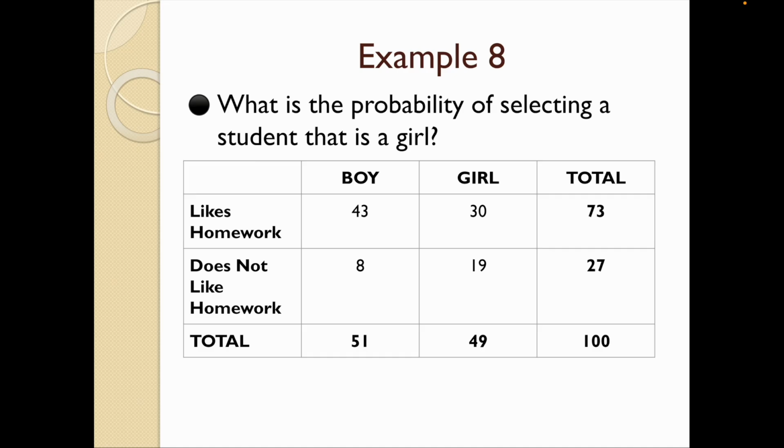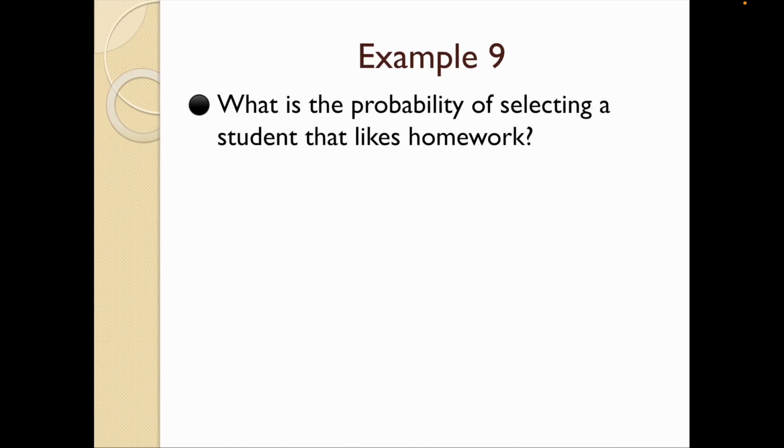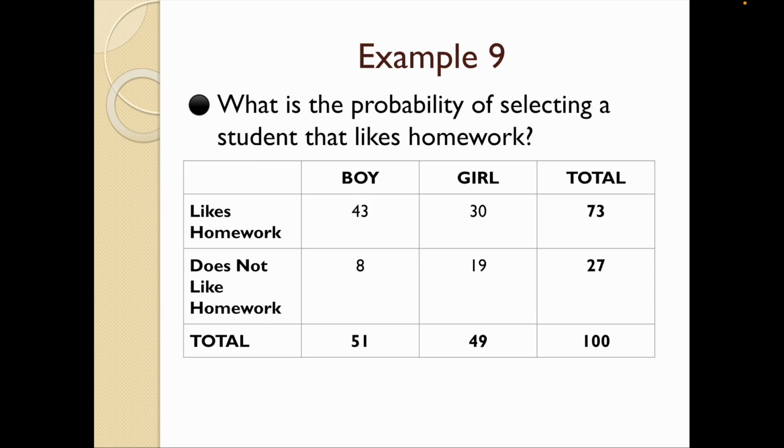Nice. Good. So 49 out of 100. Josiah, it says here, what is the probability of selecting a student that likes homework? 73 out of 100. Or 73%.